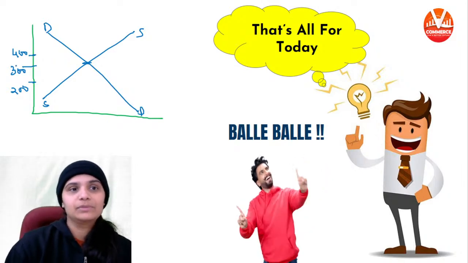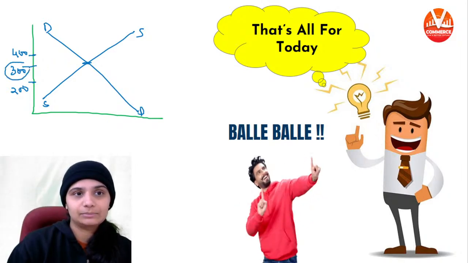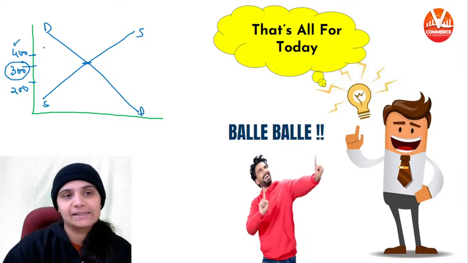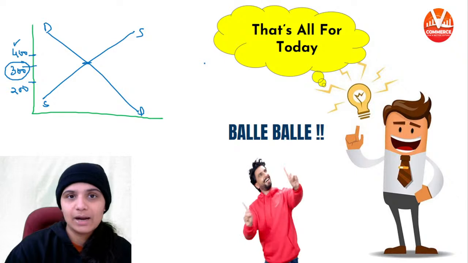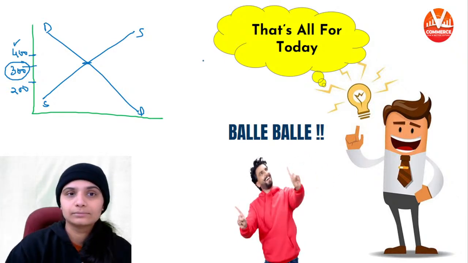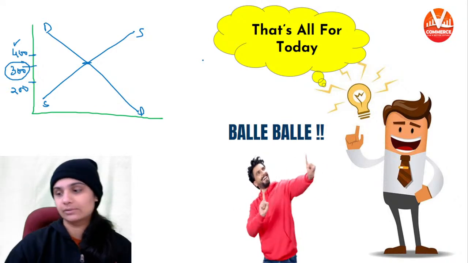Please tell me, this is the equilibrium price. At 400, what is the excess? Is it excess demand or excess supply? Tell me. At 400, what is it?